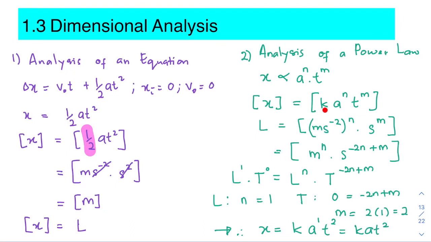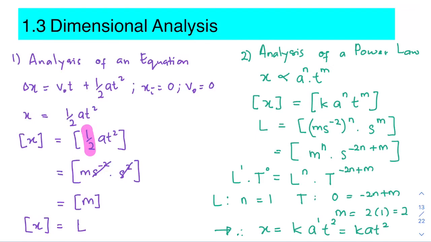And then mathematical expressions, for example ln, log, exponent, those have no unit, so they have no dimensional symbol, right? But sometimes a constant has a unit, for example the Young modulus constant, the shear modulus constant. It has a unit, therefore it is going to have a dimensional symbol.